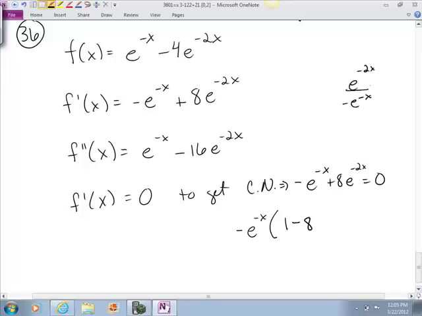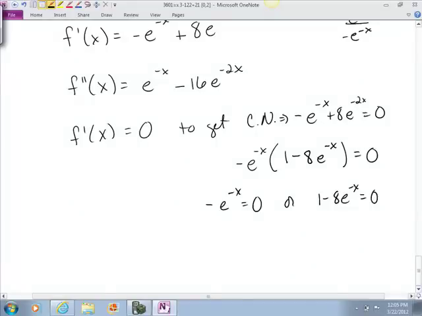And what you do is you subtract the exponents when the bases are the same. So this is going to be negative 2x minus negative x, which is just negative 1x. Does that make sense? And the negative from there. Okay, so then this is negative e to the negative x equals 0, or 1 minus 8e to the negative x equals 0.